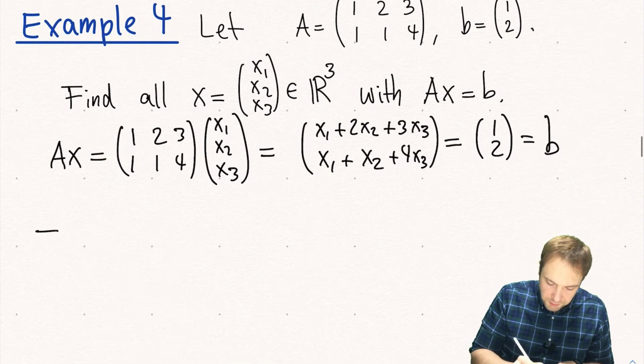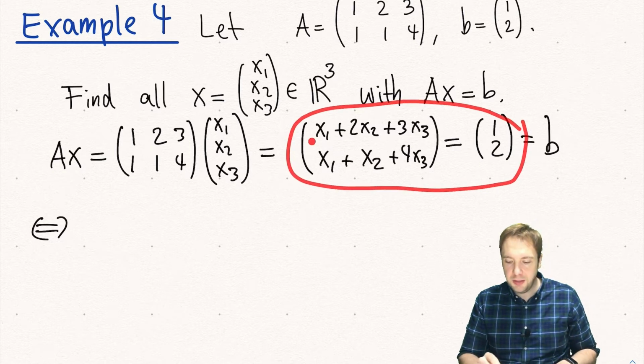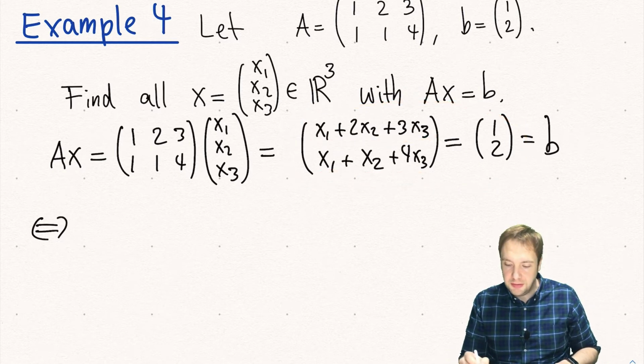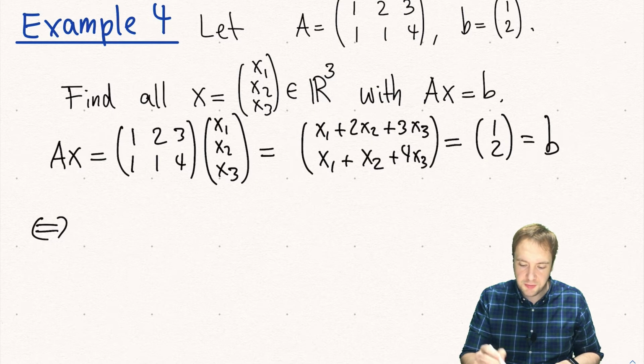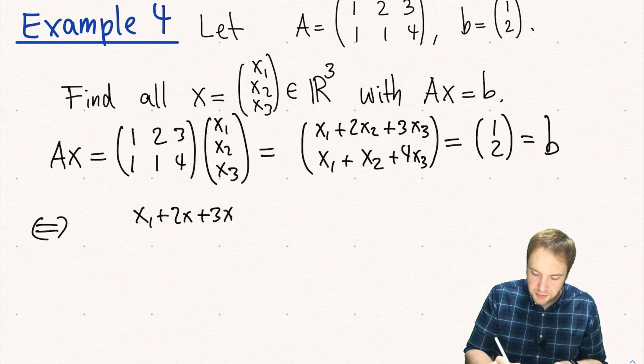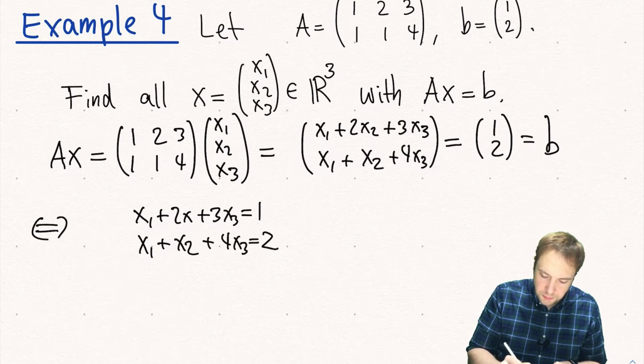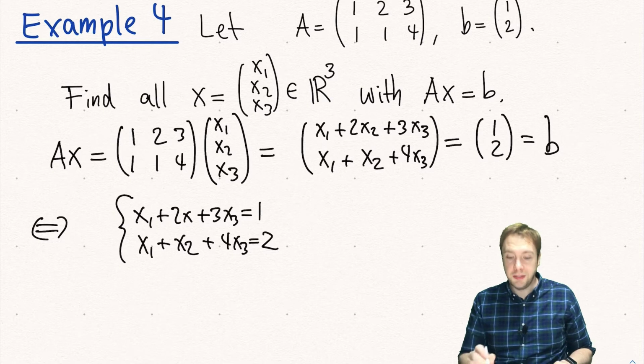But these two vectors are the same if each entry is the same. So from this equation we get two equations, namely the first says this entry should be 1, and the second says this entry should be 2. So this gives a linear system.